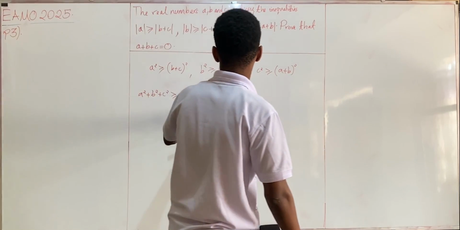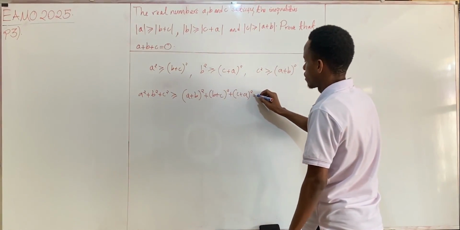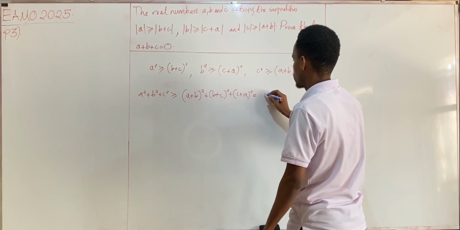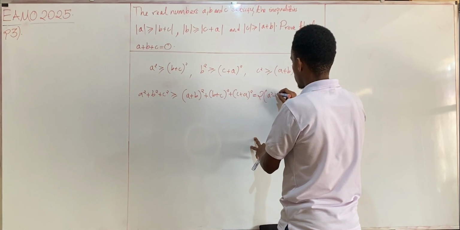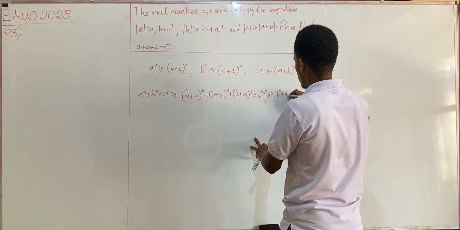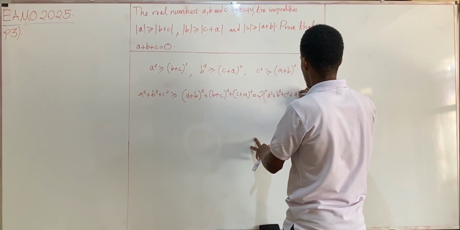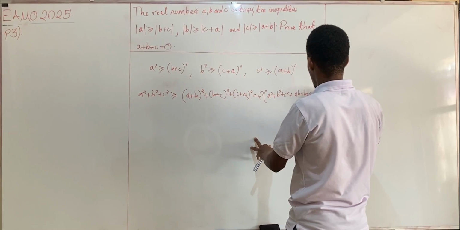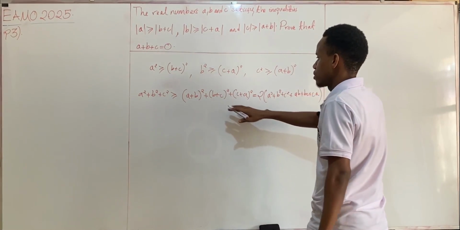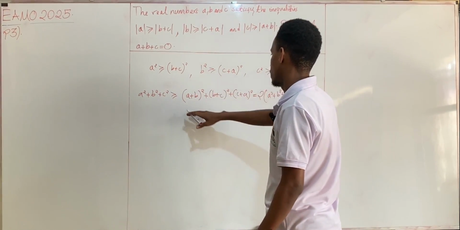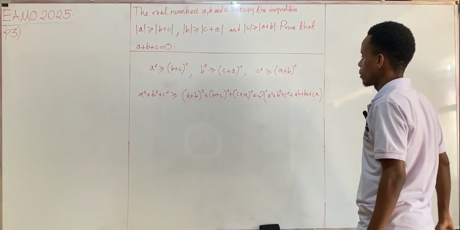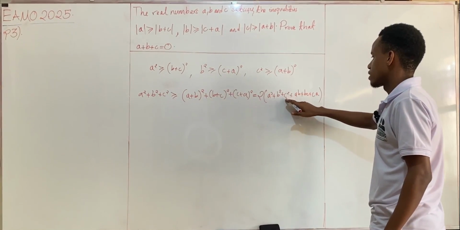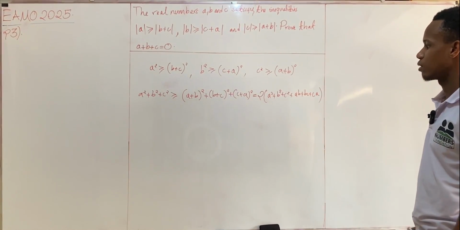Now we can expand this expression, and I'll save you the trouble, it will be equal to twice the sum of a squared, b squared, c squared, ab, bc, and ca all together.